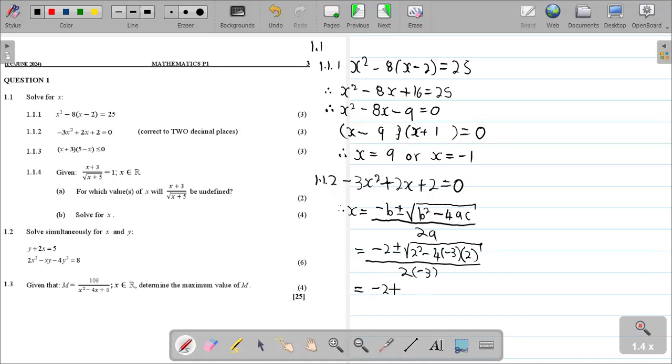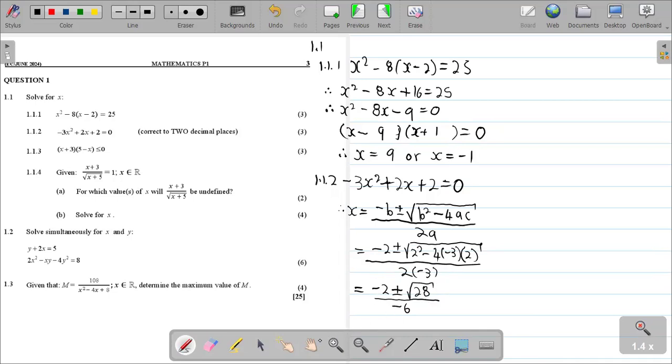So this thing is equal to negative 2 plus or minus the square root of, and then we have a negative 6 here at the bottom. So if we add everything here, it's going to be 4 plus 24, which is 28.